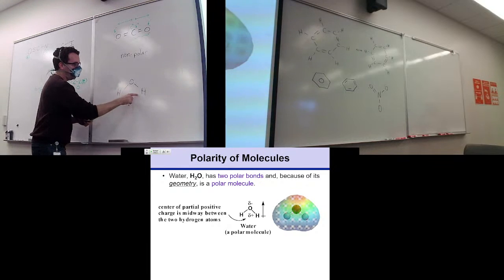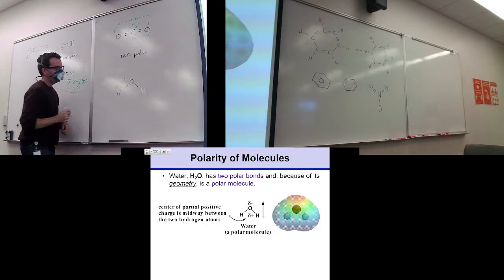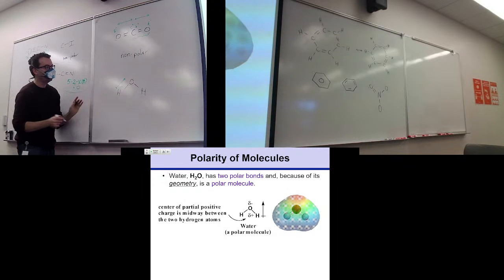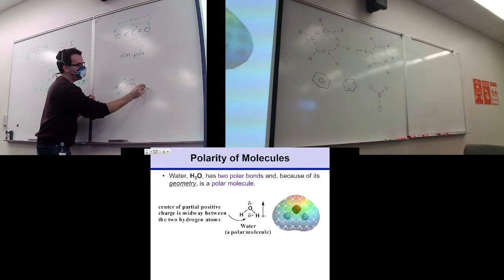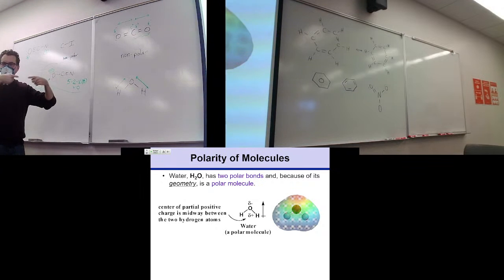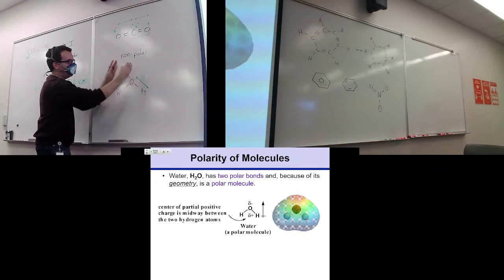Once you know it's bent, here's the dipole moment for this bond. It goes from hydrogen to oxygen. Oxygen is more electronegative, so the arrow points that way. And for this bond, the dipole moment goes that way. They're not opposing each other directly. They're not going to cancel each other out whether they're going this way or this way. Combined, they're pointing upwards.